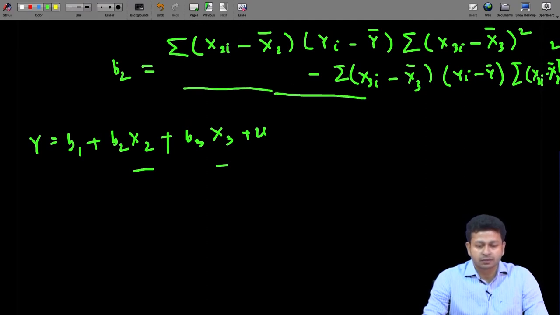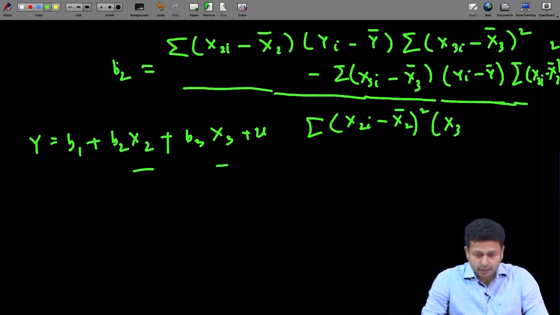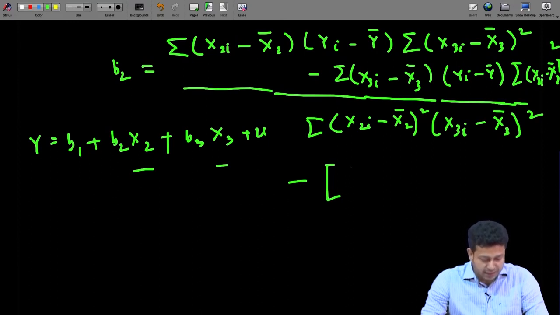And the denominator is going to be the summation of x2i minus x2 bar squared, times the summation of x3i minus x3 bar squared, minus the cross term. It's a big equation, but anytime you go beyond simple OLS and incorporate more than one explanatory variable, it looks a bit messy.